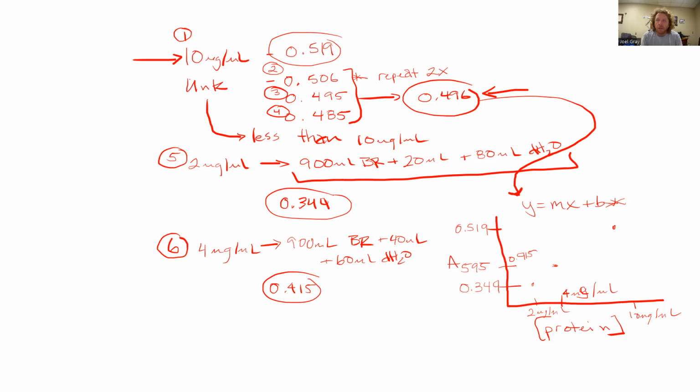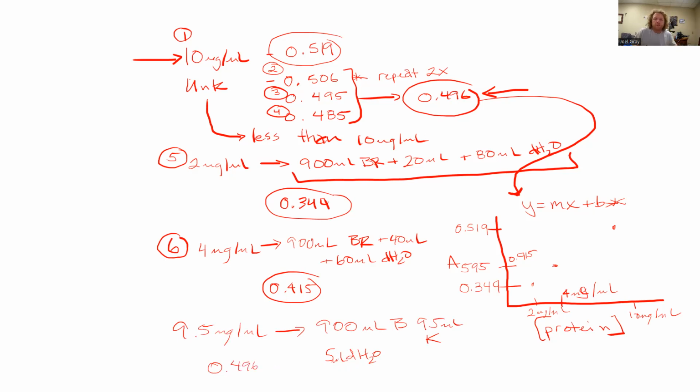Because if I land on 0.496 as, let's say hypothetically you did a sample that was 9.5 micrograms per microliter, so that would be 900 of the Bradford, 95 of the known, and 5 microliters of DH2O. And let's say that ended up being 0.496.